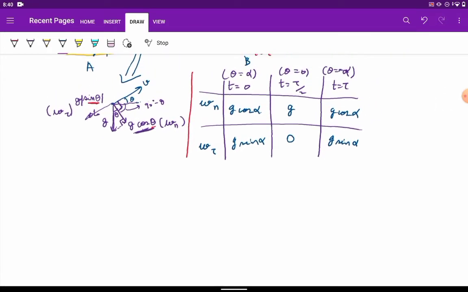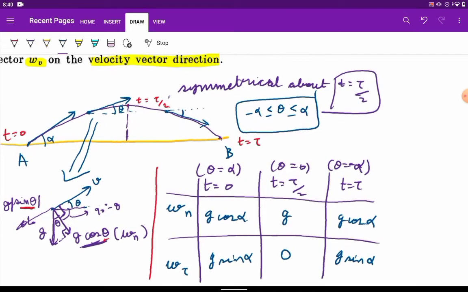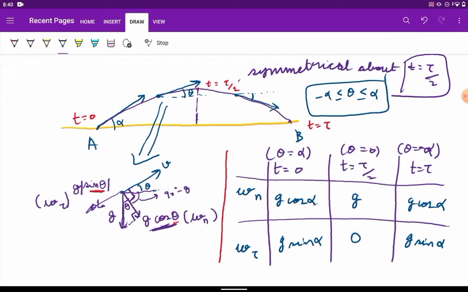Okay. Now basically we need to just form the graph from 0 to tau by 2, and then from tau by 2 to tau it will be a reflection about the t equal to tau by 2 line. That's it. Another benefit is that from t equal to 0 to t equal to tau by 2, the theta values are positive, between 0 and 90 degrees.